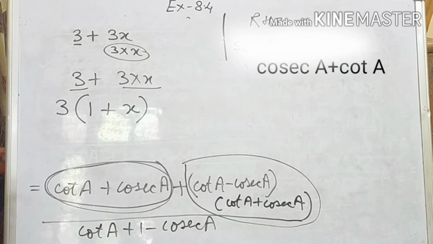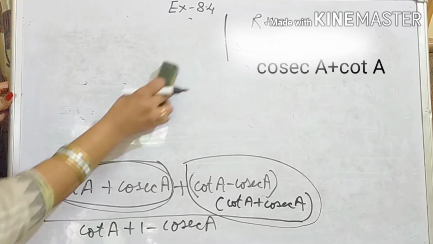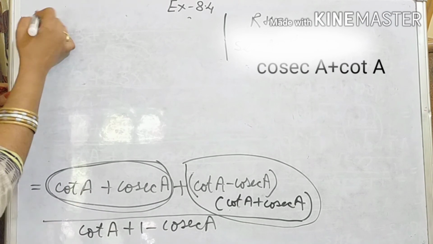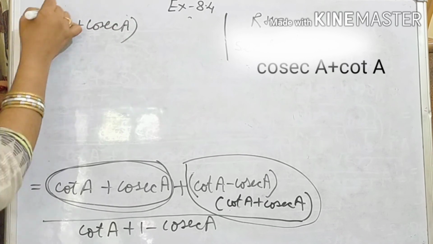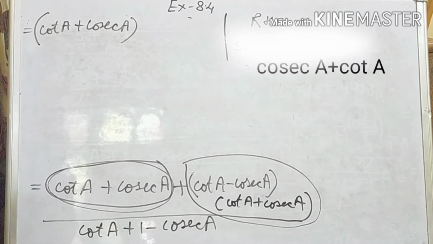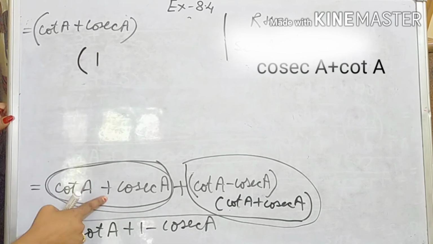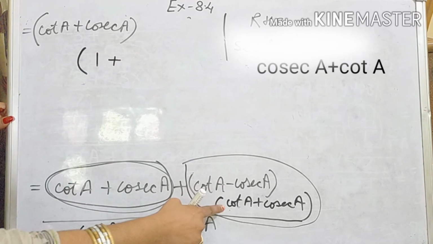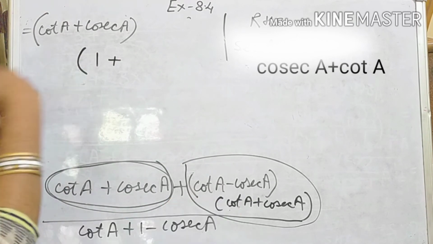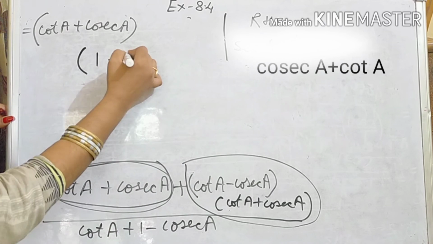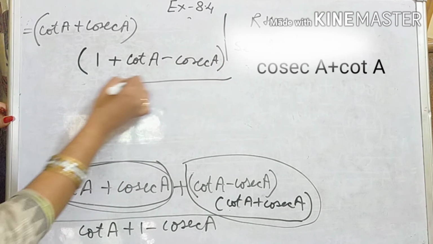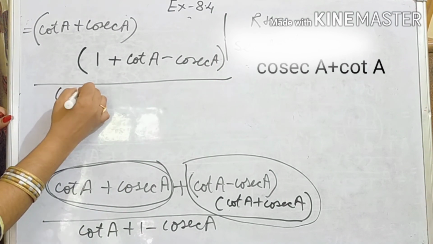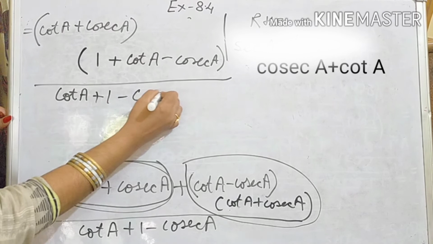So if I'm taking the common from here, and the common is cot a plus cosec a, what do I get inside the bracket? From here I get 1, plus 1, and this common will come out of the bracket, and this will be cot a minus cosec a, divided by the denominator cot a plus 1 minus cosec a.